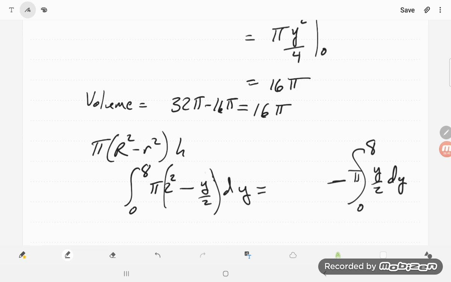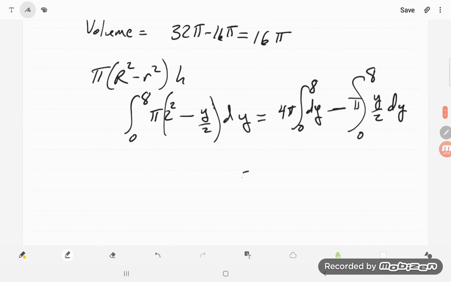This first integral is just the integral of 4 pi from 0 to 8 of dy, but that is just 4 pi times y evaluated from 0 to 8, and that is our 32 pi. So we get it that way even if we think of the washer method with their formula.